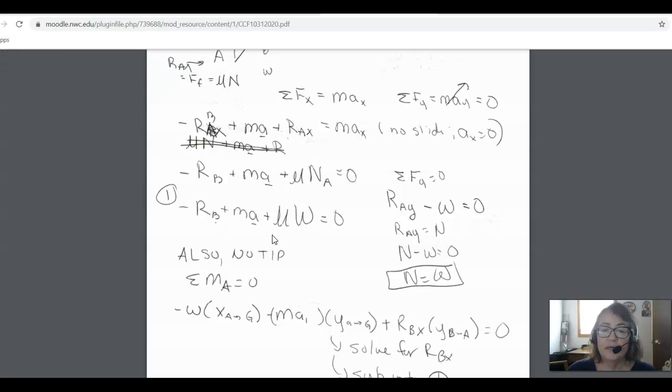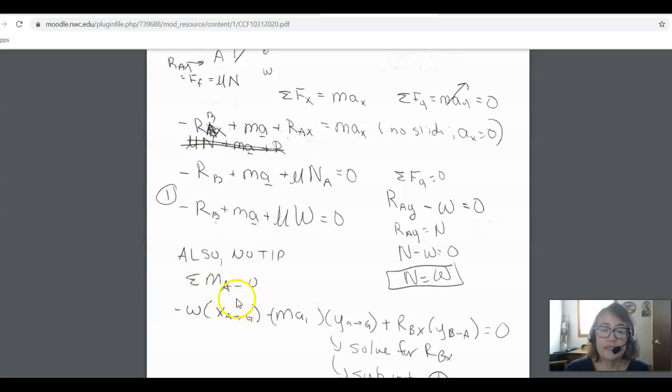I have the normal force, which I've determined to be the weight, and when I substitute it in, I still have RB, which is unknown. The mass of the panel is known. The acceleration of the center of gravity is known. Mu is unknown, and the weight is known. So I have two unknowns and one equation, which clues me into the fact that I need a third equation.